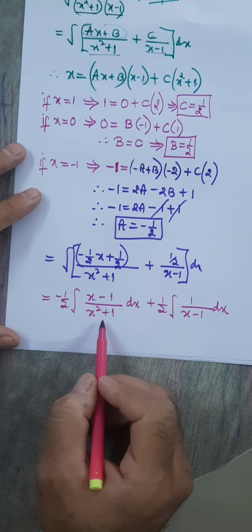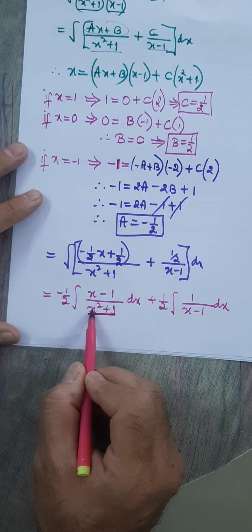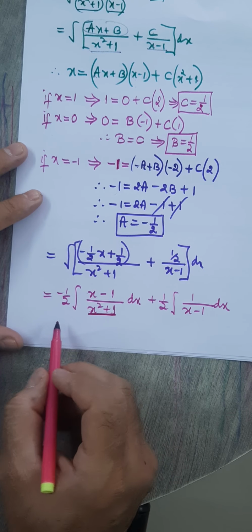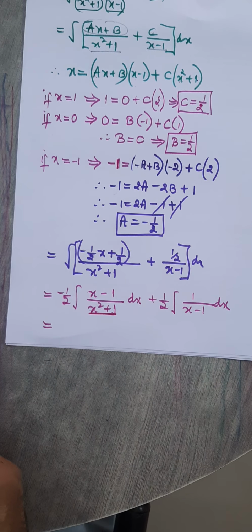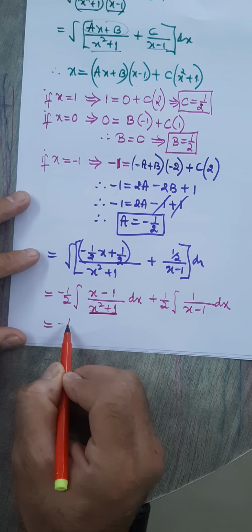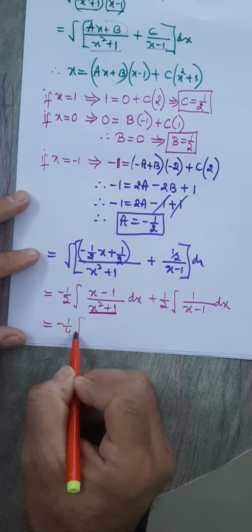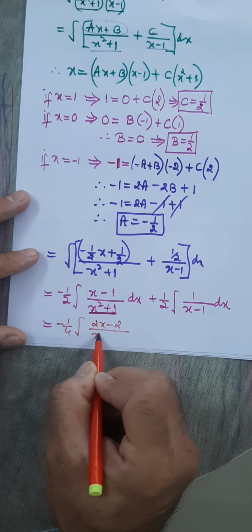Now this is linear upon quadratic, so you need to set the derivative. What's the derivative of this one? 2x. So multiply and divide by 2 there. So by 4, 2x minus 2 upon x square plus 1.